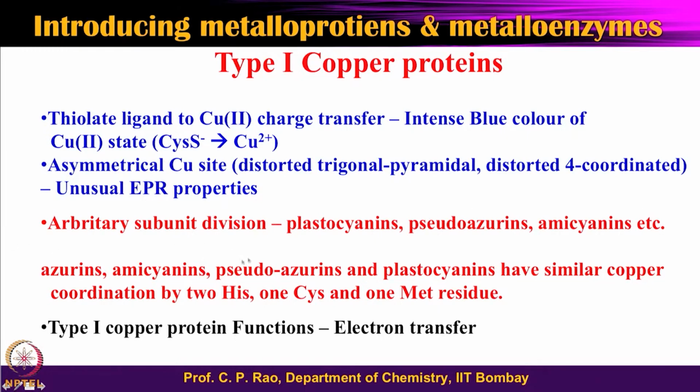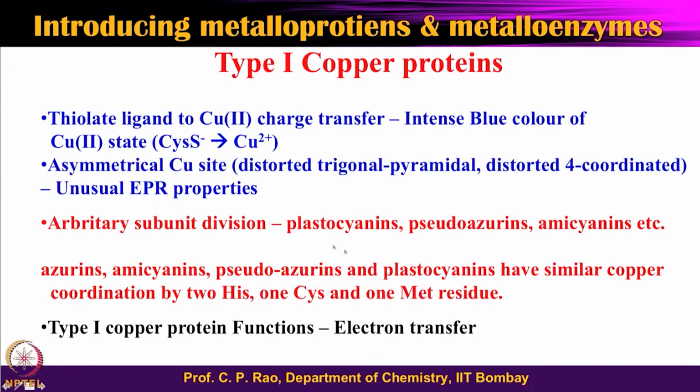You have different kinds of subunits in these: plastocyanin, pseudoazurin, amicyanin. All of these are called the blue copper proteins. The azurins, amicyanins, pseudoazurins and plastocyanins have a similar kind of copper coordination: 2 histidine, 1 cysteine, 1 methionine.